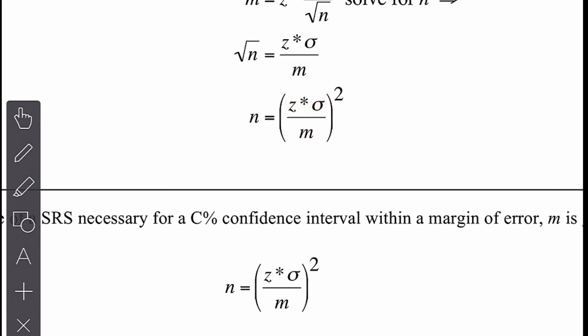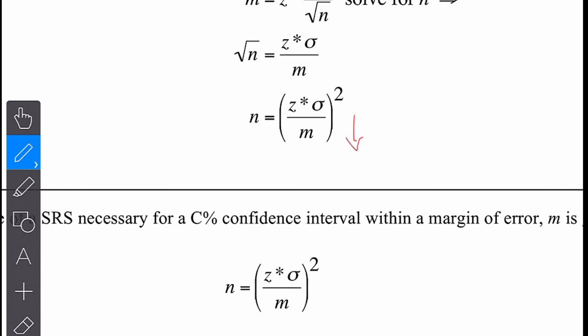If I increase z star, the level of confidence, the sample size must go up, right? Because if this goes up, then n goes up. If I increase m, however, the margin of error, let's talk about decreasing m. I want more precision. If I want more precision, I want a small margin, right? I want it to be accurate and tight. So let's say I make m even smaller.